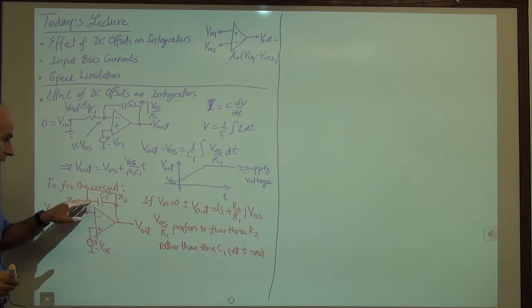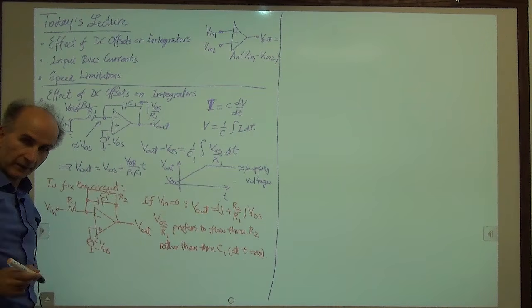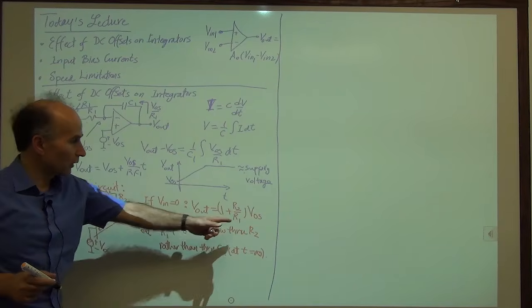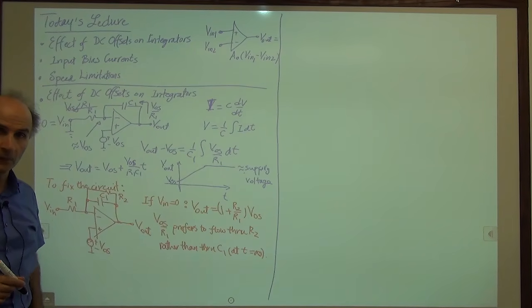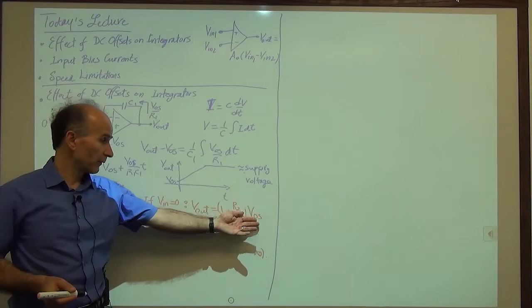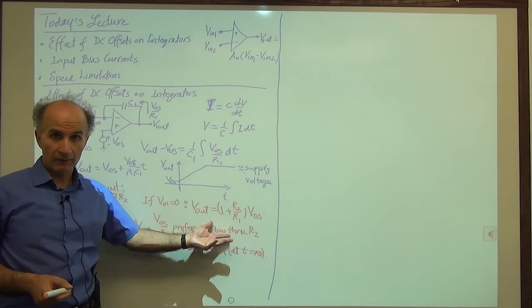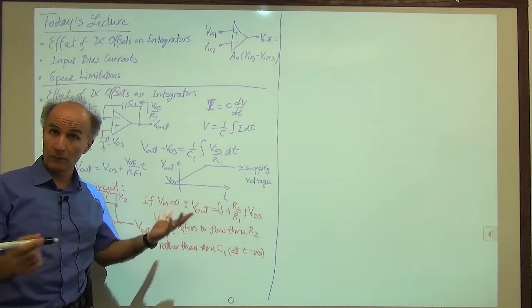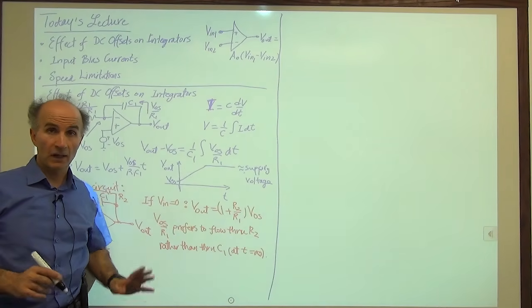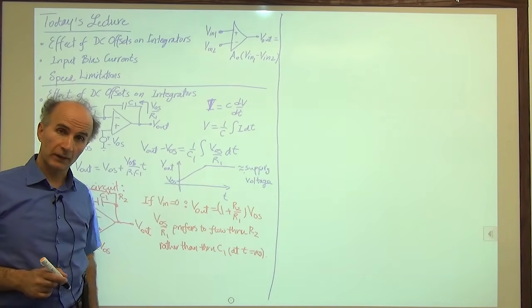So the voltage across the capacitor does not grow indefinitely. The op amp does not saturate. The op amp only produces this much offset. So if R2 over R1 is, let's say, 10, we amplify the offset by a factor of 11. If the offset is 1 millivolt, we have 11 millivolts, 15 millivolts, 20 millivolts of offset at the output, which is not a huge deal as opposed to when the op amp saturated completely.